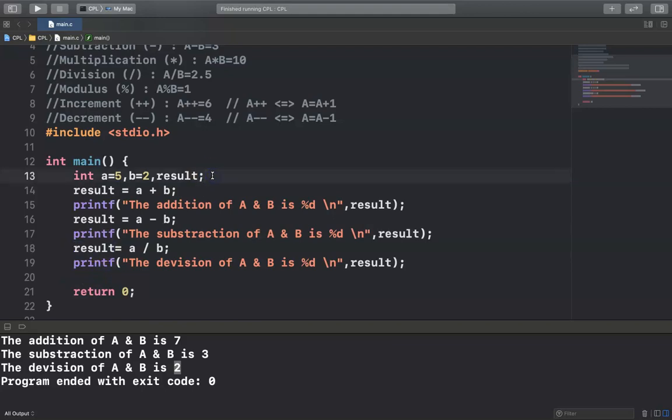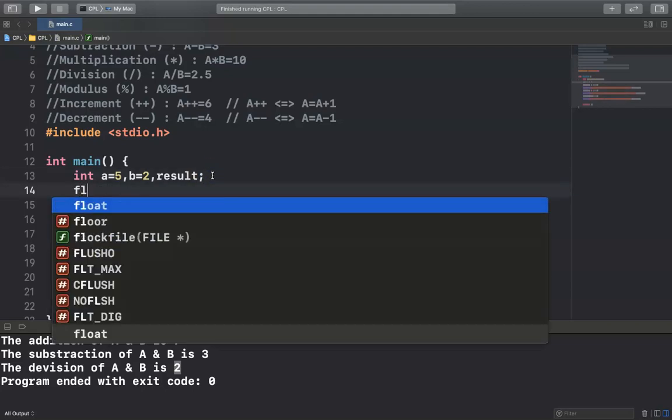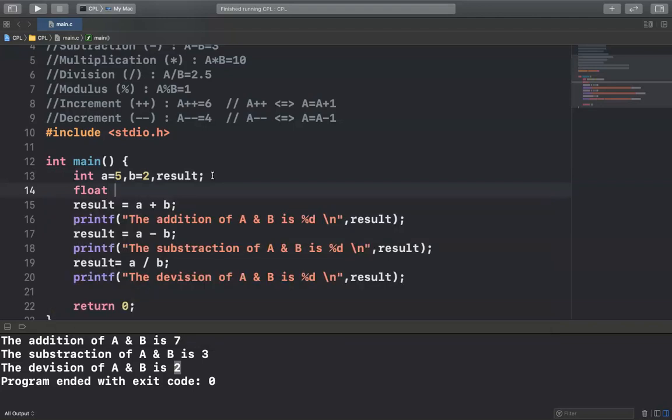So let me create a new float variable here. Float, for example, f. Or I can write result 2 or result 1. But you couldn't write result because the name result already exists. So it will error. Please don't use the same variable name.